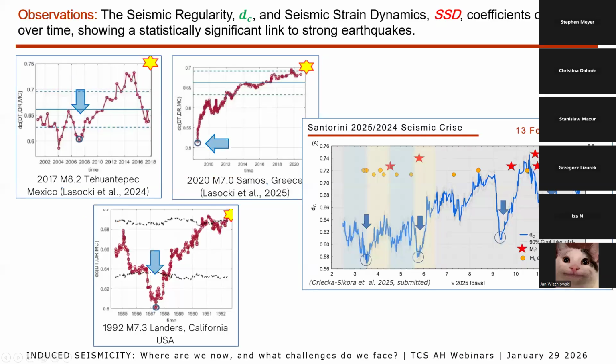And at the end, I would like to show you examples from natural seismicity, because what I presented so far is not observed only in laboratory and anthropogenic seismicity, but also the group led by Stan Lasocki made a lot of work related to natural earthquakes. And here are some examples.